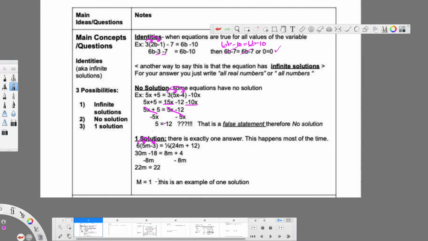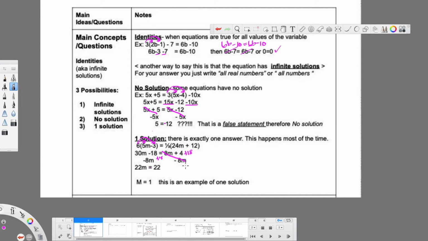All right, now I can start combining my like terms. So I'm going to subtract 8 from both sides. The 8's cancel. And over here, it's 30 minus 8, so I get 22m equals, and I kind of skipped a step here because it looks like I went plus 18, and I just didn't show it.